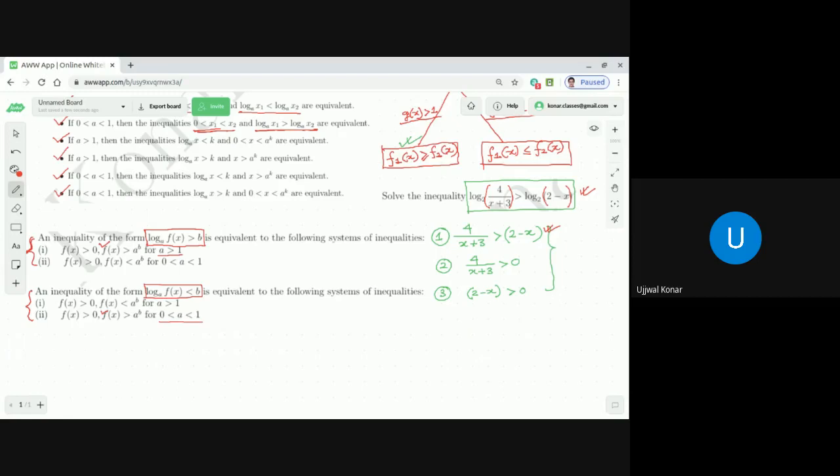The analogy is the same. If you remember the solutions for the inequalities that hold true for log of f(x) base a greater than b, then you just change the inequality of the base condition, and you will get the solution for log of f(x) base a less than b.